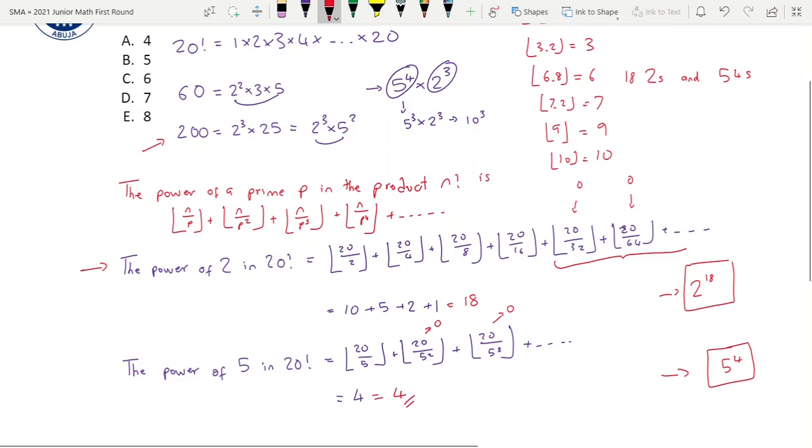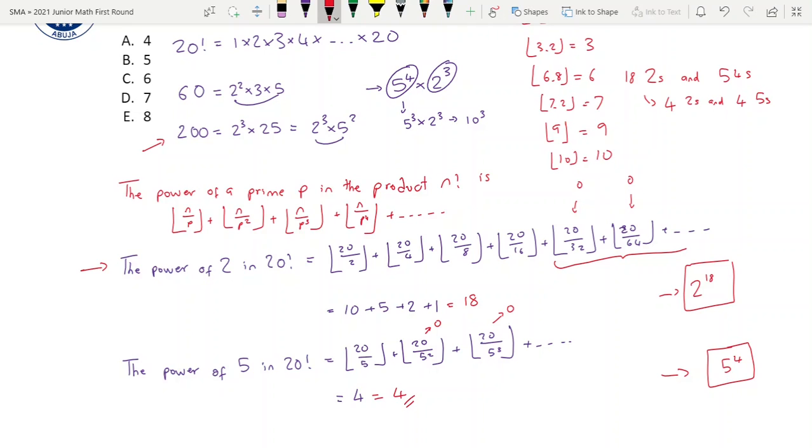So since we have 18 twos and 4 fives, the highest number of twos and fives we can have multiplying each other will be, sorry, it's going to be 4 twos and 4 fives multiplying each other.